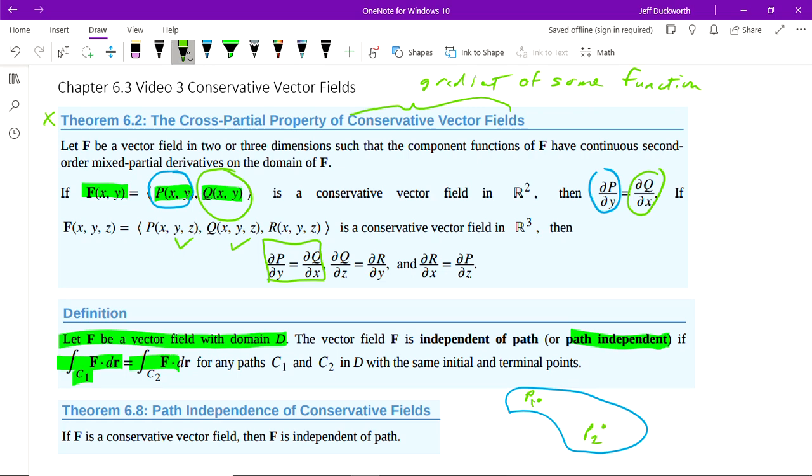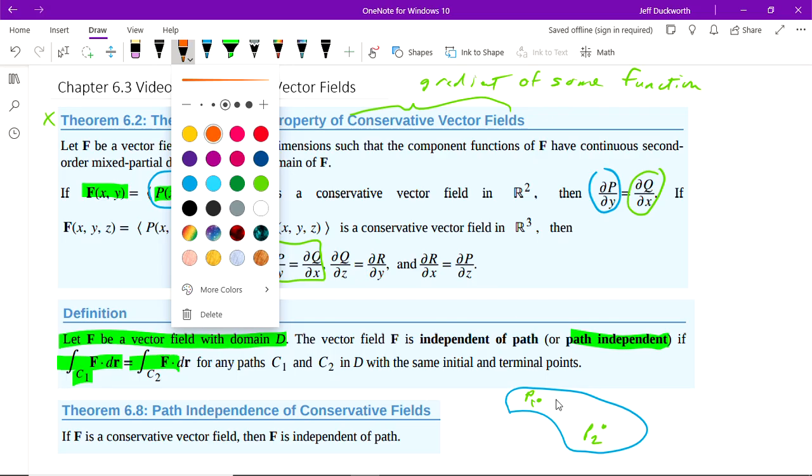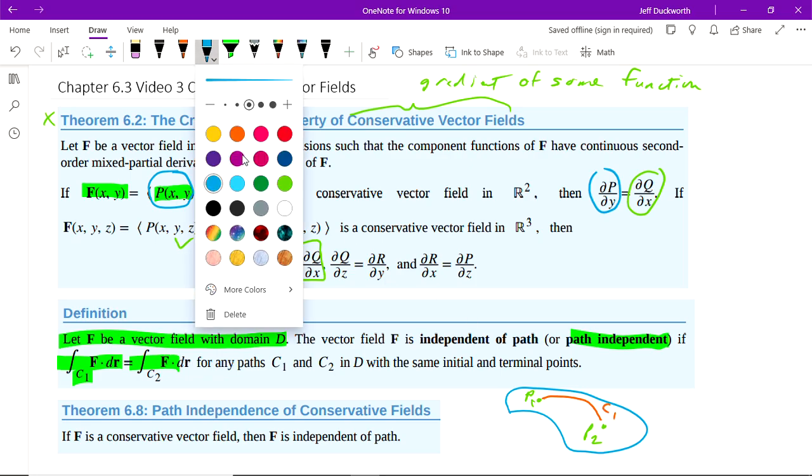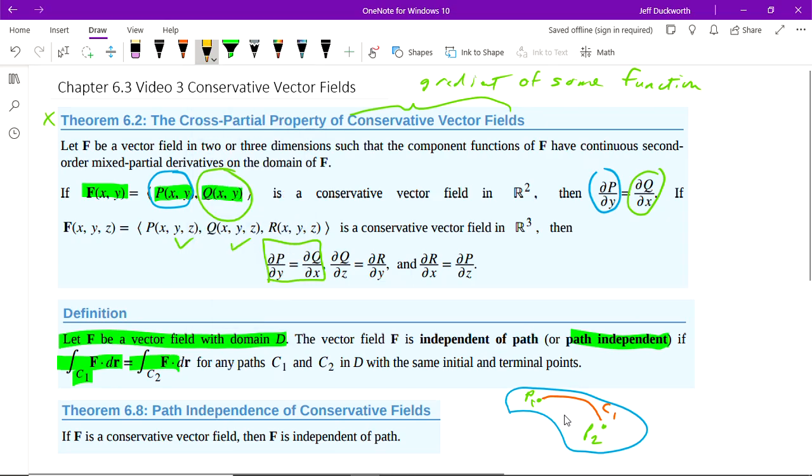That means I can take any two paths. Say I take this first path here as C1, and then let's take another path, C2. The integrals of those are going to be the same.